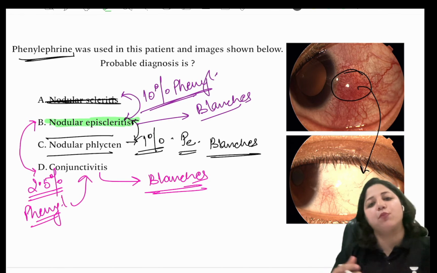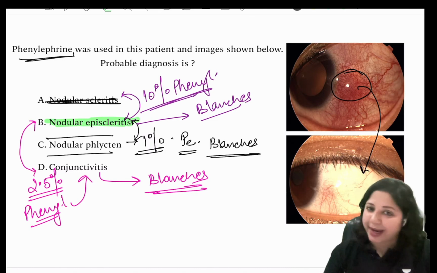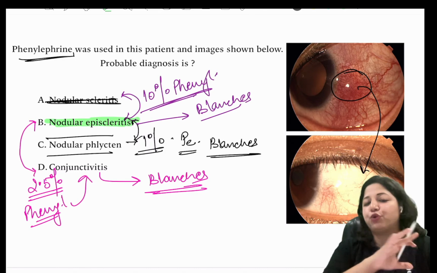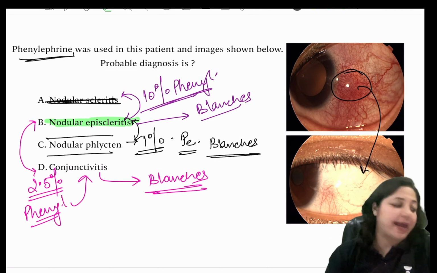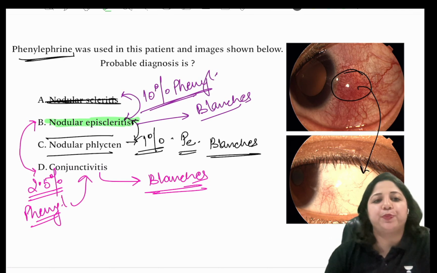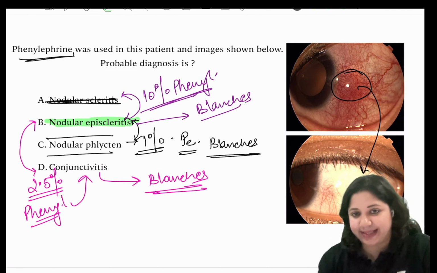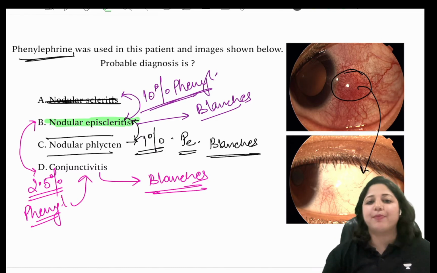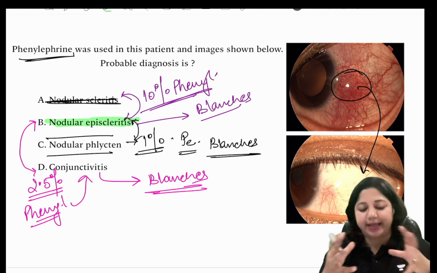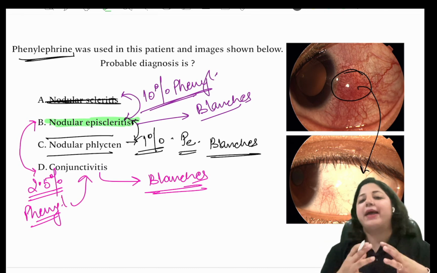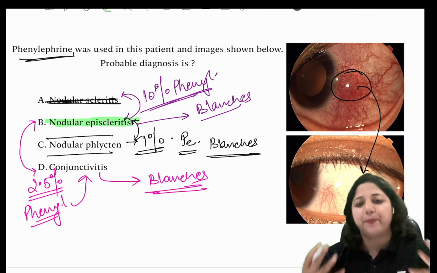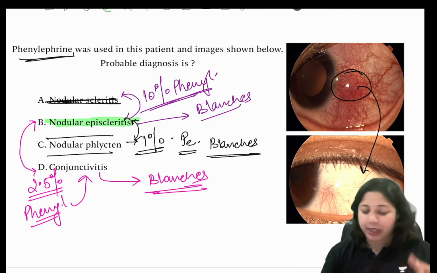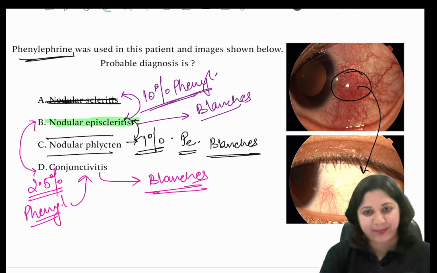Then you have to mark the most probable answer, right? So if I do not know the concentrations, then my most probable answer would be nodular episcleritis. It is matching up with the image here, and it is also matching up with the effect of the drug and the most common probability of the answer, right? So this would be nodular episcleritis.